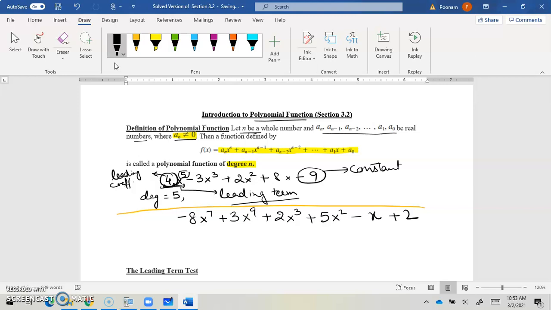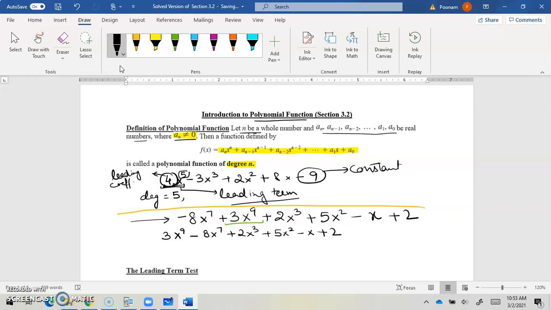In standard format, the highest power of x term should be written first, then the lower powers in decreasing order. Next will come this, then this, 5x^2 - x + 2. So this is the standard format.